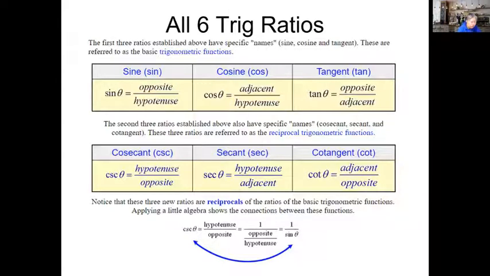Then we can conclude the relationship between cosecant and sine: we can define cosecant as 1 over sine. The step is shown in the equation down there, the bottom part.